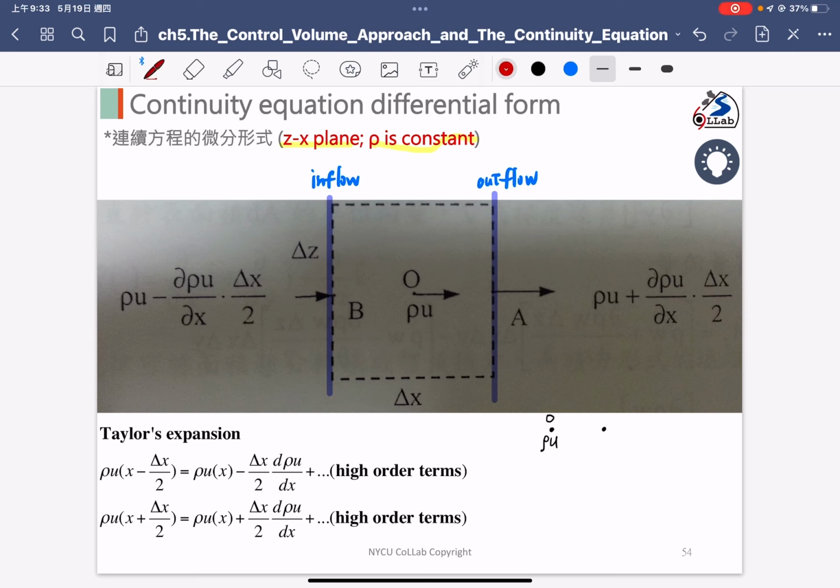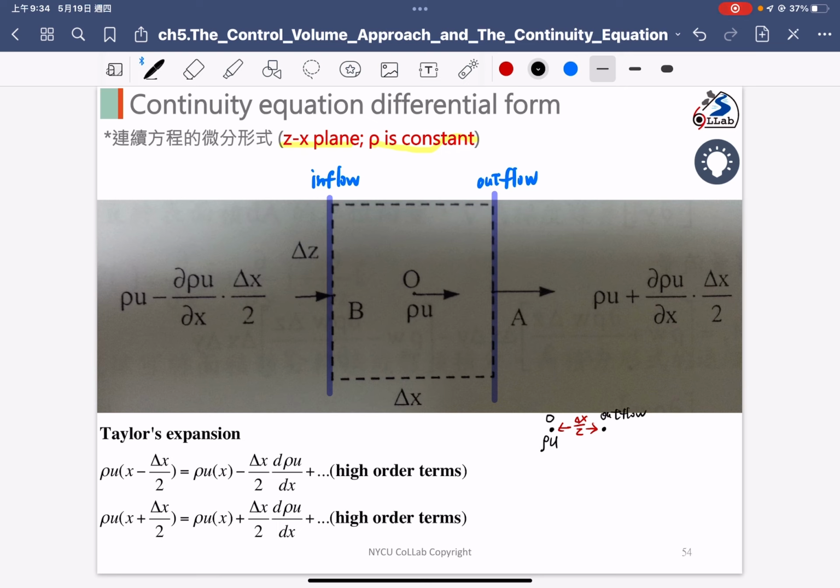We know the distance between the 2 points is delta x over 2, right? So how large is the velocity multiplied by rho on the right hand side?